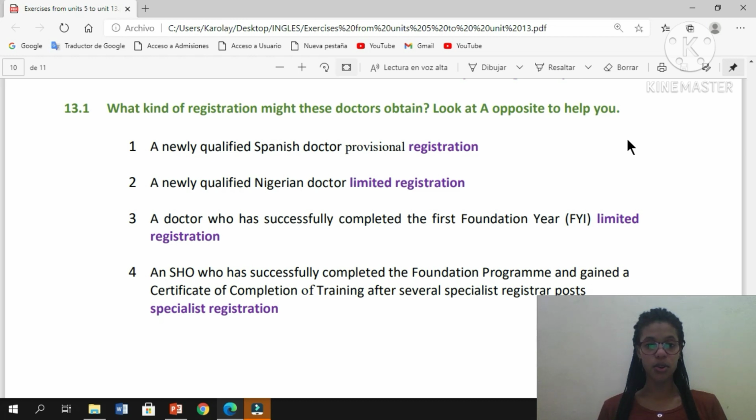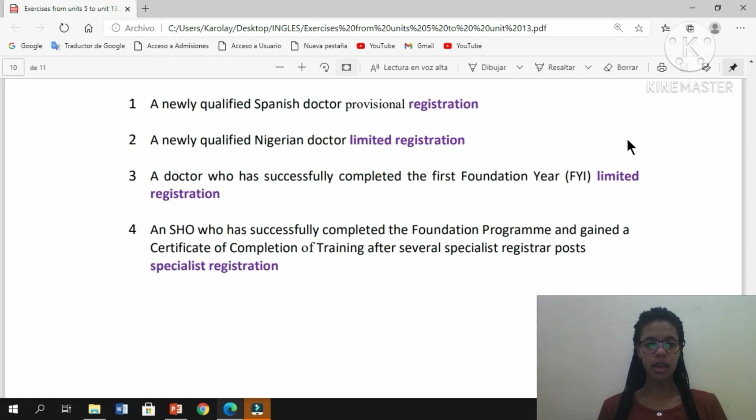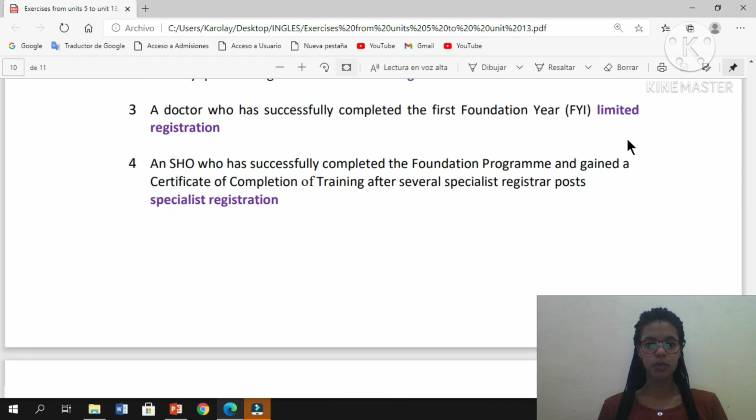A doctor who has successfully completed the first foundation year, FY1. Limited registration. An SHO who has successfully completed the foundation program and got a certificate of completion of training has specialist registration.